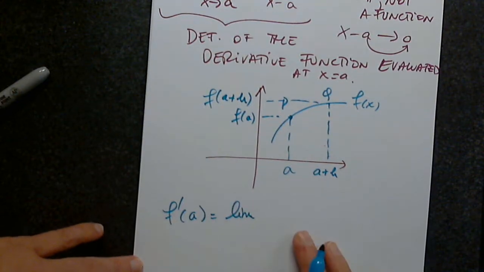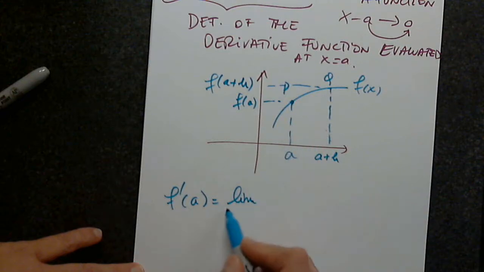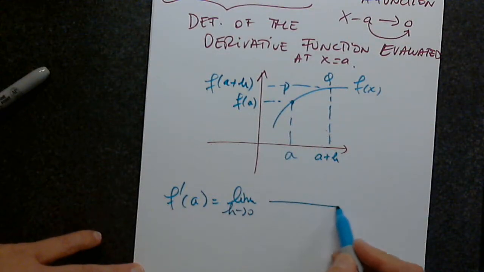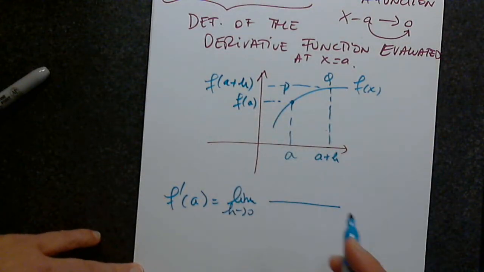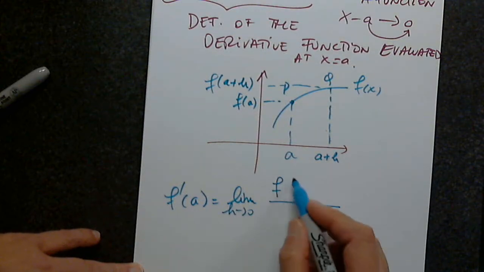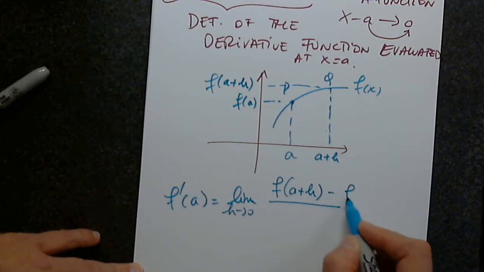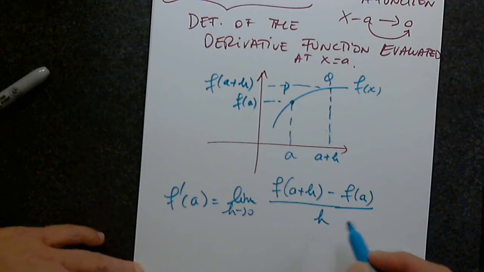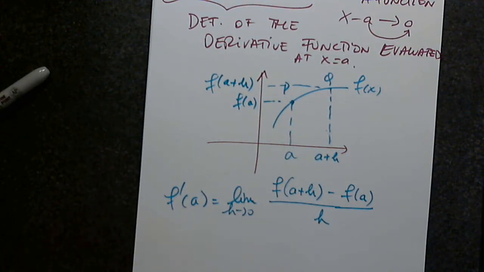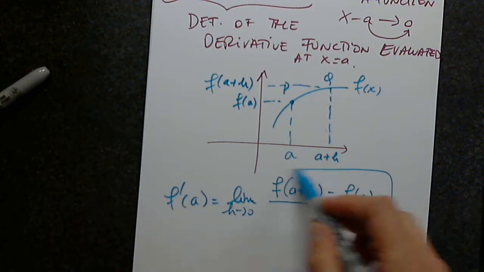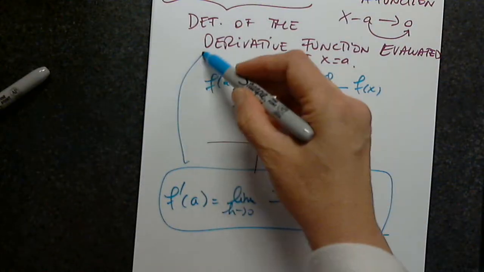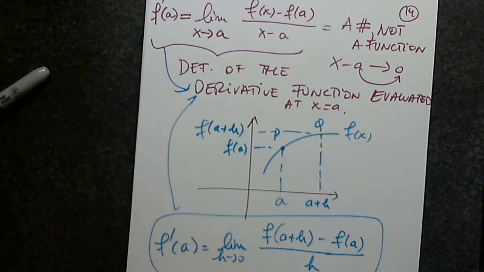As limit, h approaches 0, very good. From what? A plus h minus f of a divided by h. So we do have two definitions for f prime of a. One with x and a, and the other one with a plus h and a. Same thing.